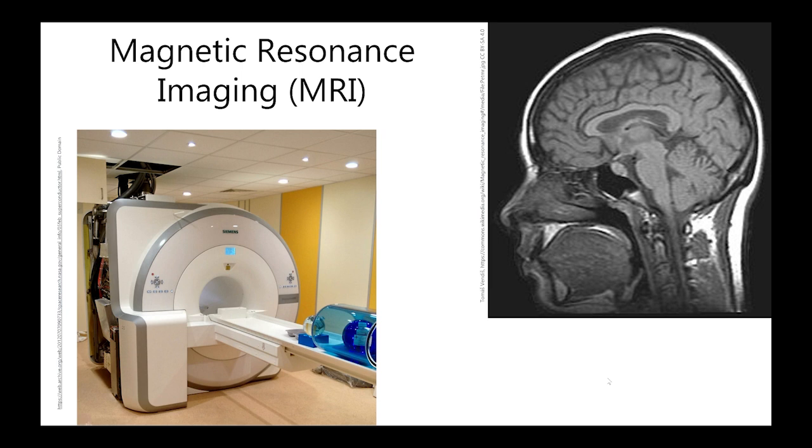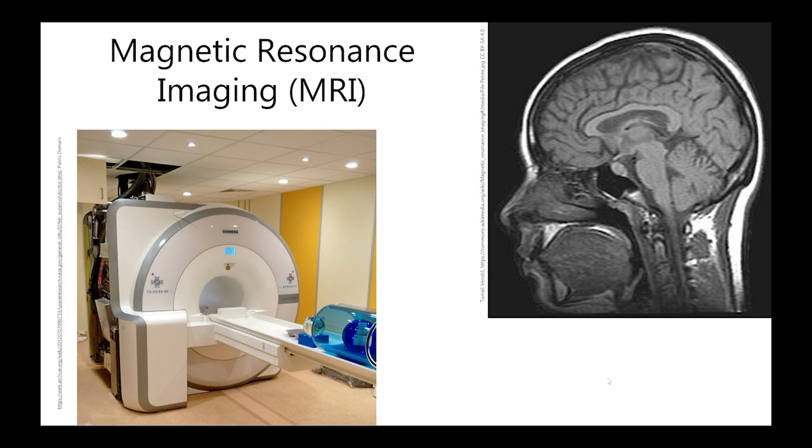And then, a little bit later, we adapted a technique from organic chemistry called magnetic resonance, or nuclear magnetic resonance, to be able to look at the water in the brain, because NMR, it turns out, is really good at detecting water molecules, and so we could look at the water content of the brain.